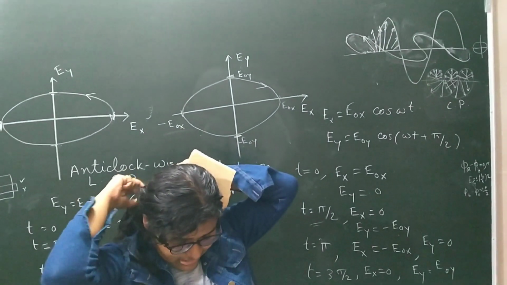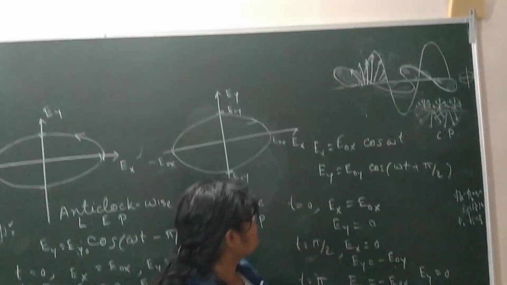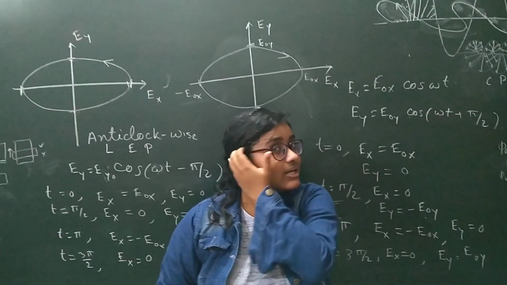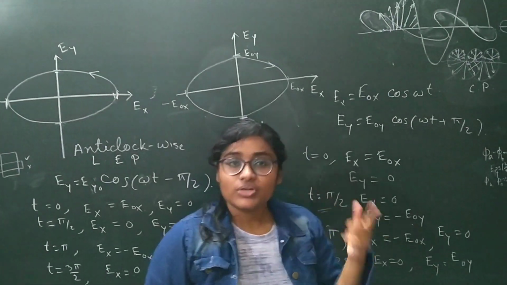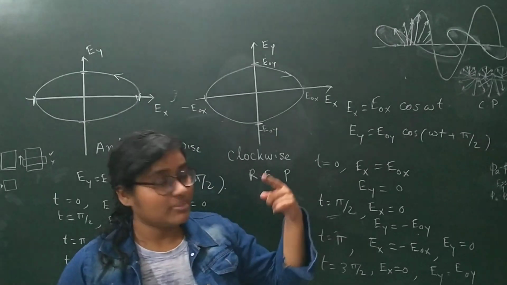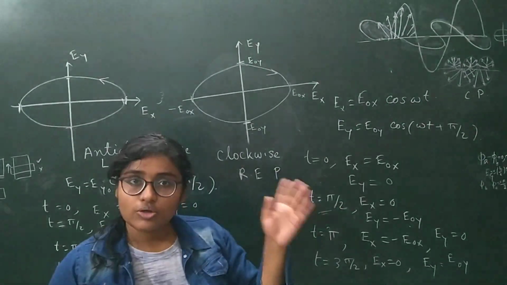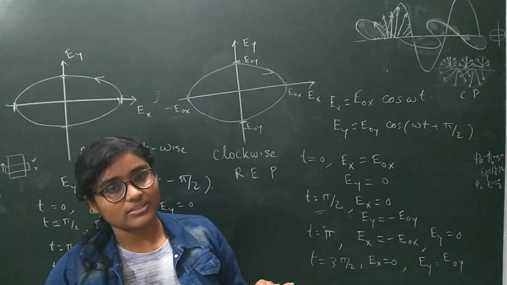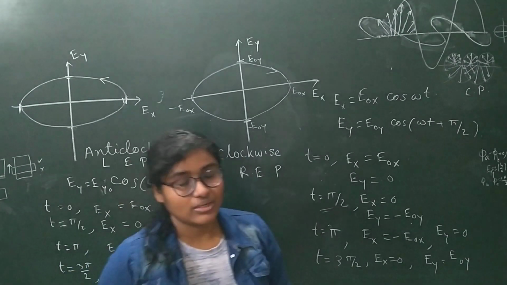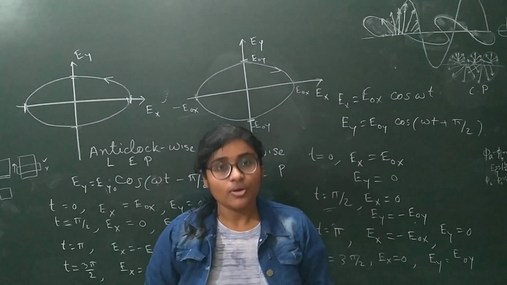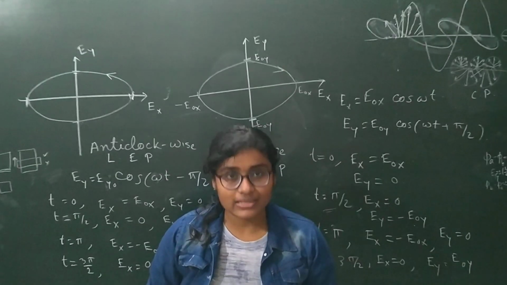Now I told you that for elliptically polarized and circularly polarized light, the rotation of the electric field vector can be clockwise or anti-clockwise. So how do you find out whether the rotation is clockwise or anti-clockwise?